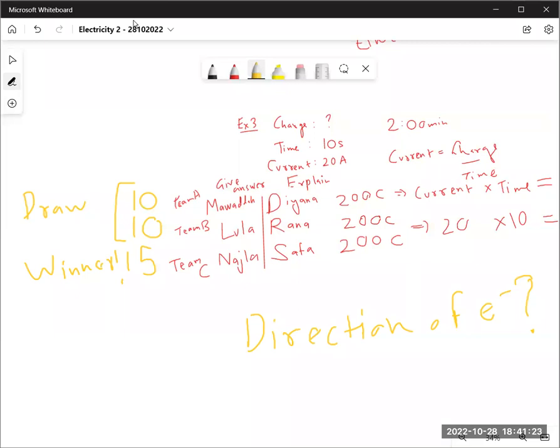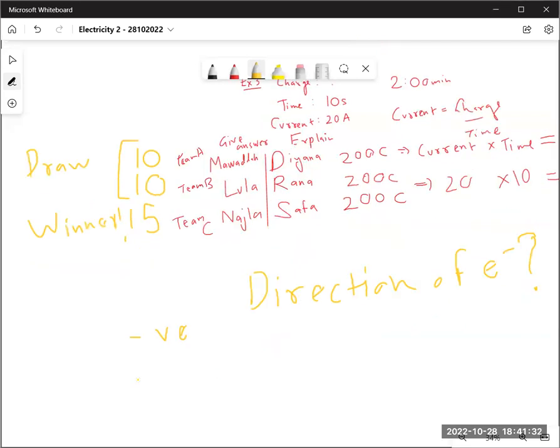It flows from negative to positive. So I've gotten the answer, negative to positive, from both. Rana, why is it negative to positive? Yes, but why? How do we find electron direction from current direction?